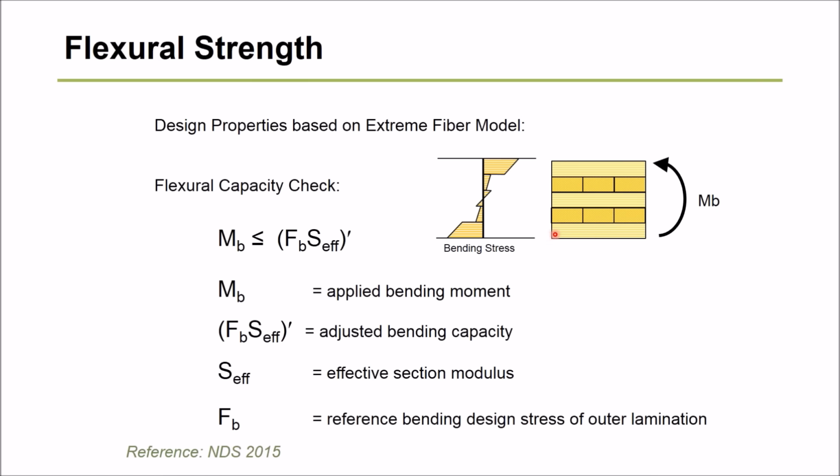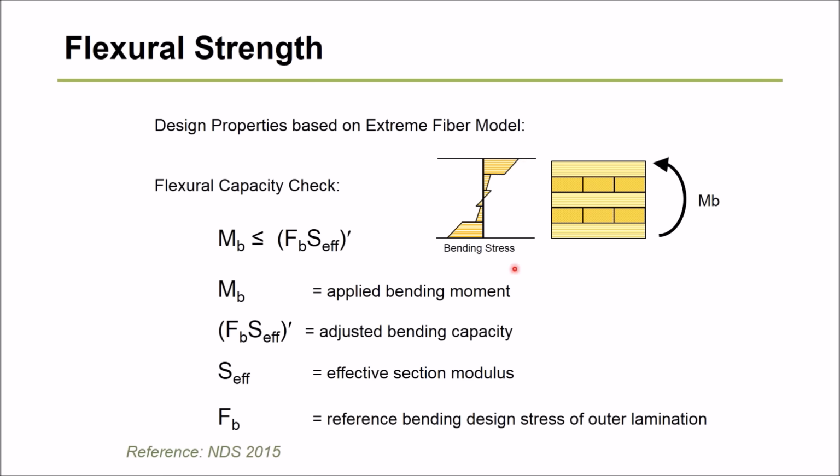So we have laminations on the exterior in the strong direction, and an interior middle one in the strong direction, and then there are transverse layers which are not nearly as strong. If you looked at the stress distribution through that depth, you get this jagged distribution like that. But if you visualize that you're ignoring the layers in the transverse direction, it still really is just a rectangular distribution through the depth.